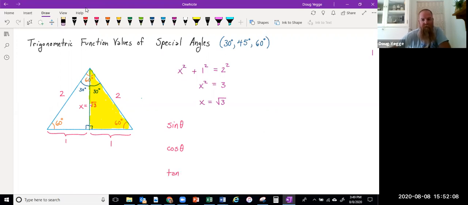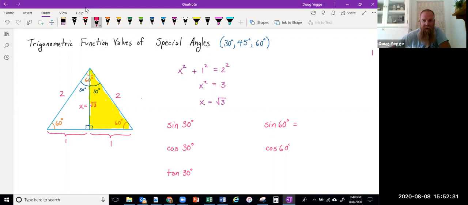Okay, I don't want to call them theta because now we're looking at 30 degrees and 60 degrees. So sine of 30 degrees, cosine of 30 degrees, and tangent of 30 degrees. And likewise, we have sine of 60 degrees, cosine of 60 degrees, and tangent of 60 degrees.